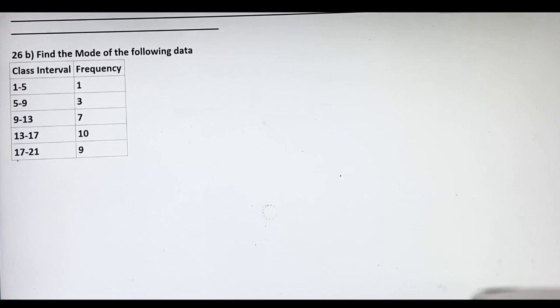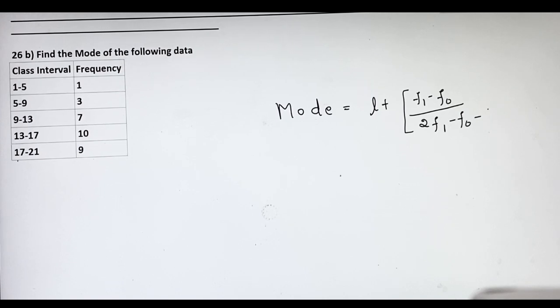So first I'll write the formula. Mode formula. What is the formula for mode? Mode is equal to L plus f1 minus f0 divided by 2f1 minus f0 minus f2, bracket close, into h.